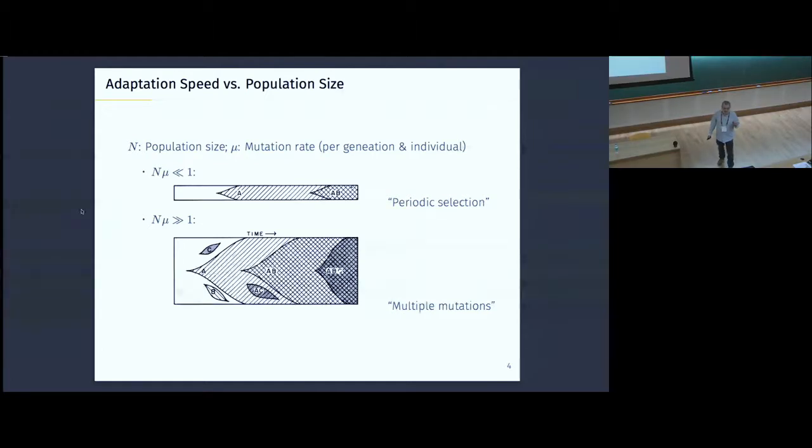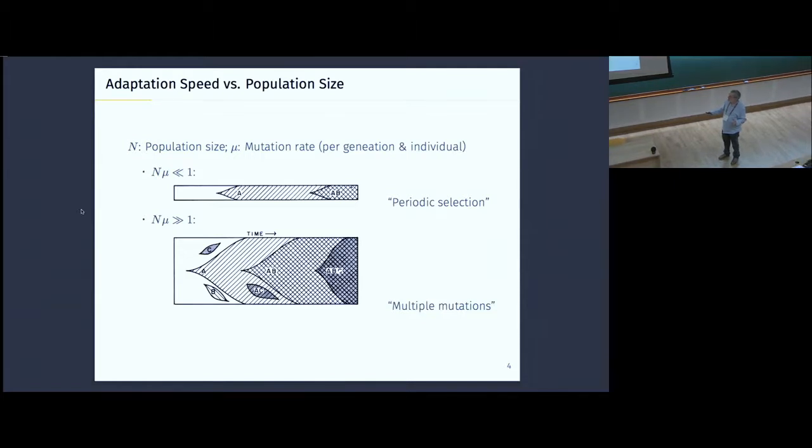And let's see why. What happens is roughly, this is a concept that was introduced by Gerrish and Lenski about 20 years ago, called clonal interference. The idea is that you start from your wild-type population, and then you have this nice-looking advantageous variant which arises in the population.